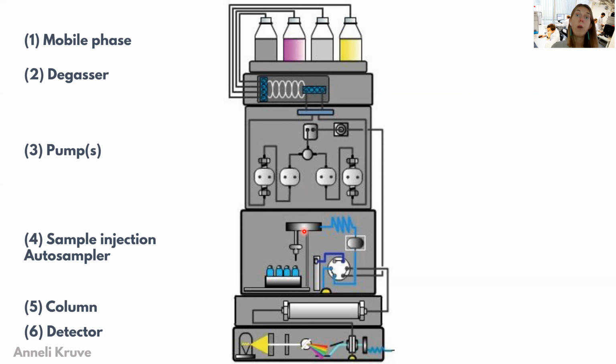So in here, we inject the sample into the flow of the mobile phase. And this is usually done by a loop, with which we can inject sample sizes from 1 microliter to 100 microliters.